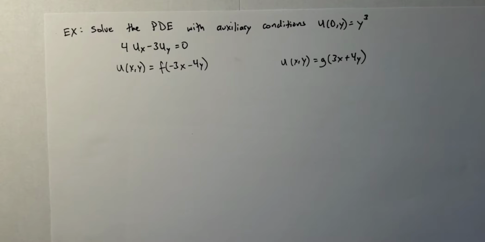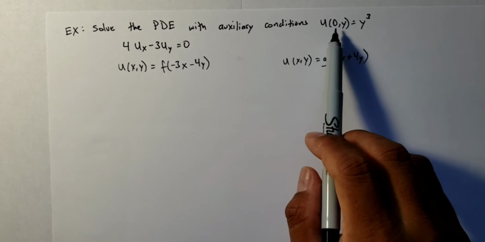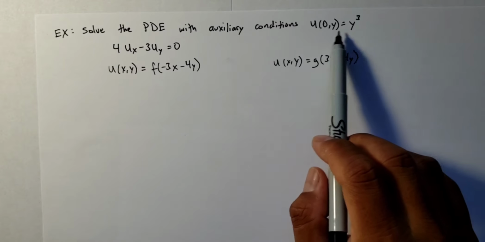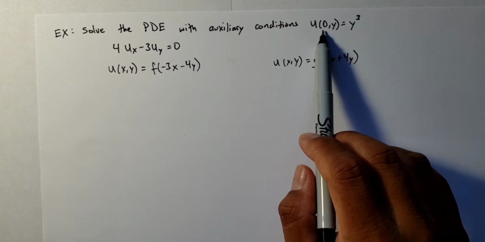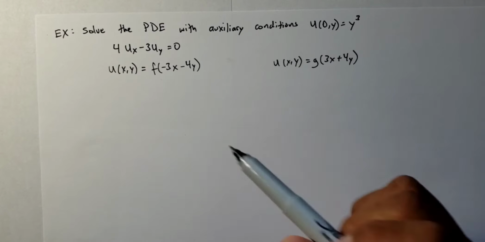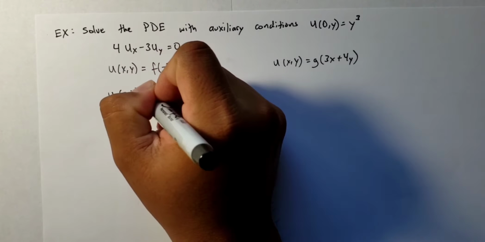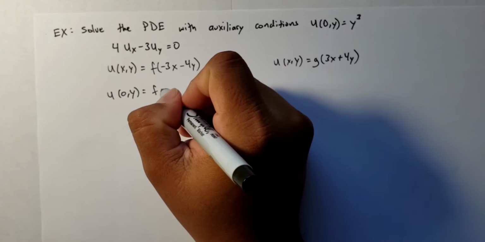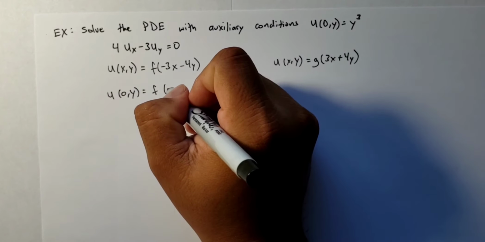So this is our general solution, but now we're looking for a specific solution that also satisfies our auxiliary conditions. We are given these conditions for a reason. For example, you can set x equal to 0 and use it here. So we can say u of 0 comma y: we substitute in 0 for x, that term goes away, and we end up with f of negative 4y.